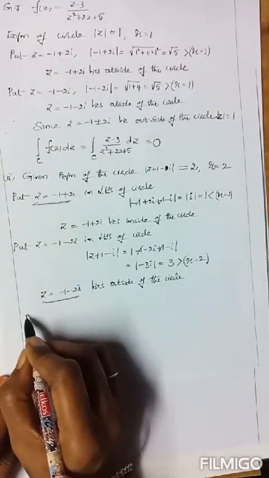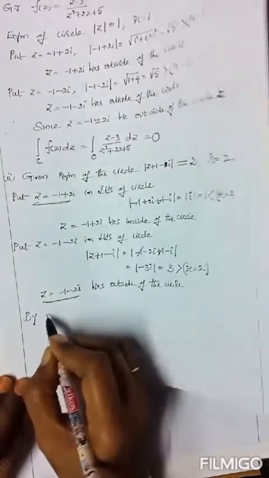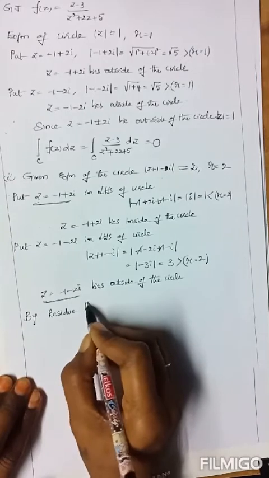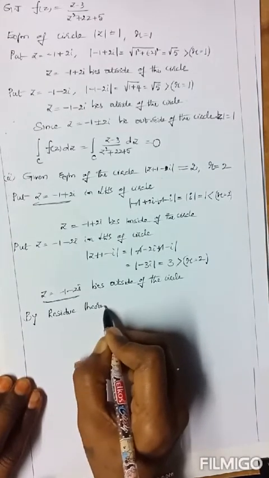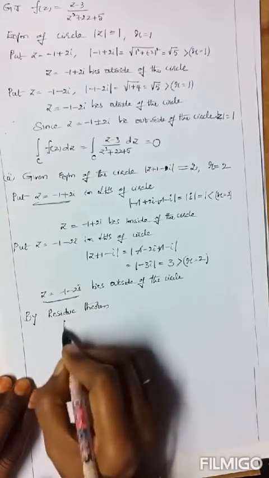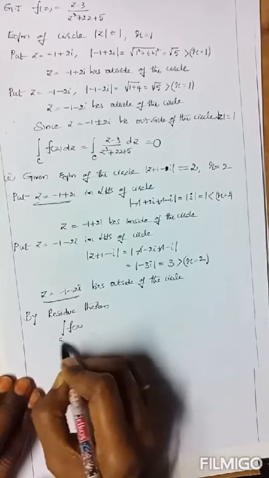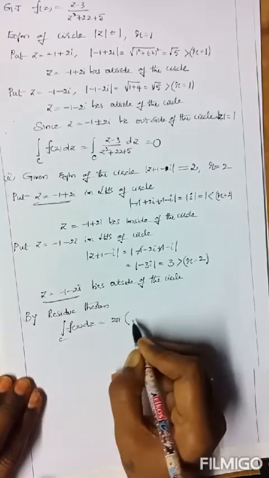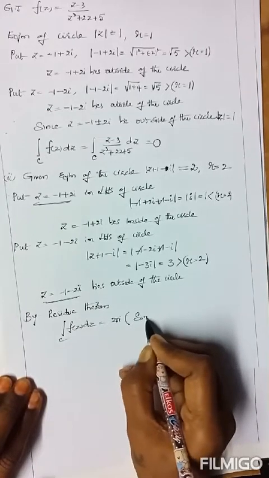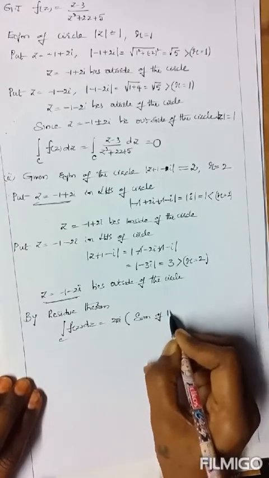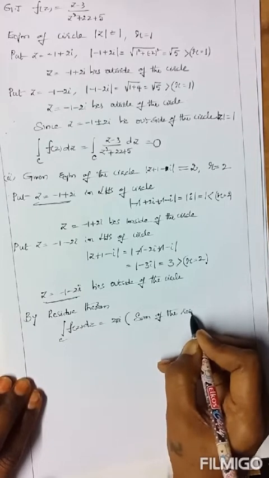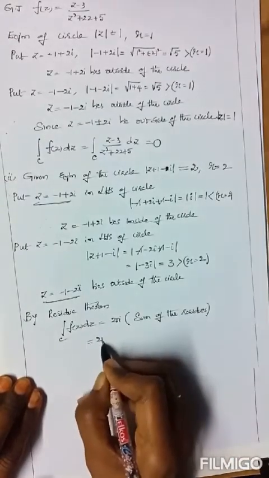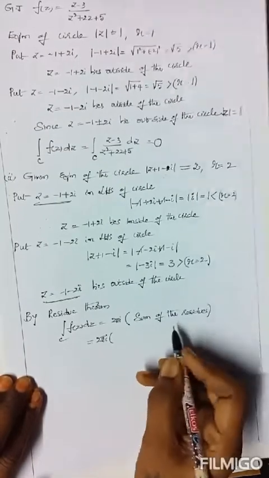By the residue theorem, the integral over C of f(z) dz equals 2 pi i times the sum of the residues. This is the statement. Now the sum of the residues.